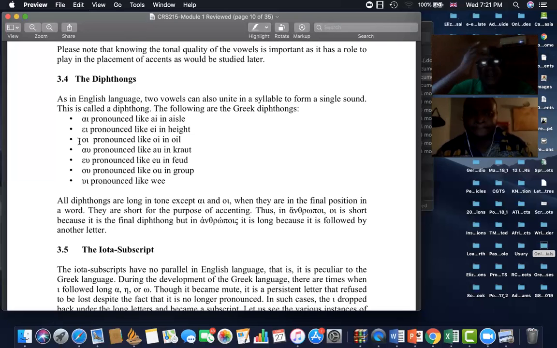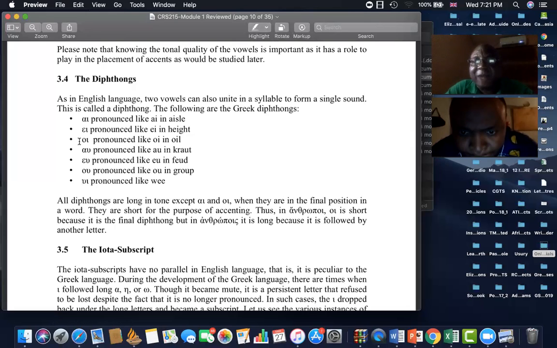If you look at the example there, you will see anthropoi. The oi is the last diphthong of that word, but because it is the last diphthong, it is going to be short.